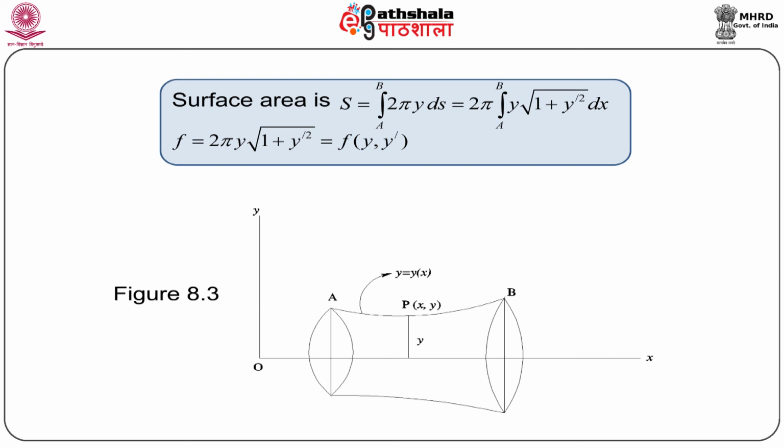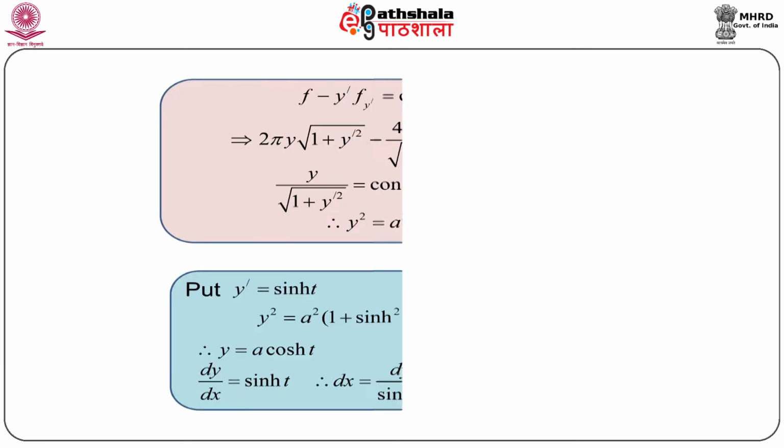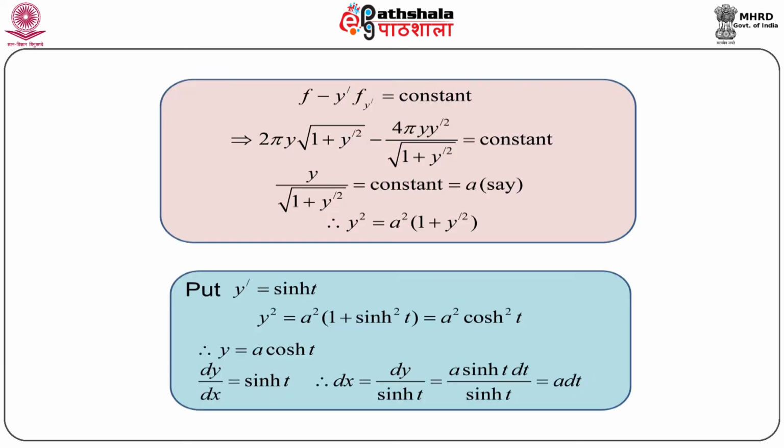Now, we have to optimize it. Euler-Lagrange equation gives small f minus y dash into f sub y dash, where y dash is at the suffix, which means partial derivative of f with respect to y dash, equal to constant.